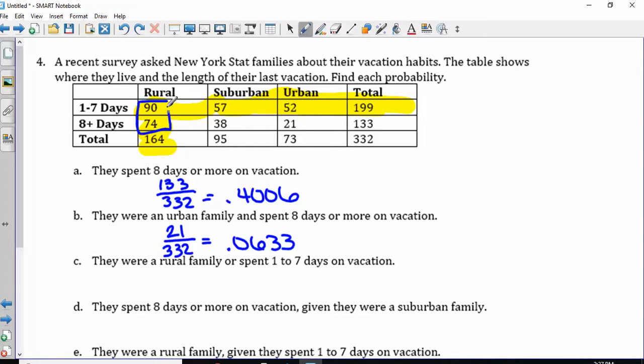So you either need to just add these numbers, or you have to subtract off what you double count if you just added the totals. And so we should get, what, 273, is that right? Oh, my total. And that turns out to be 0.8223.